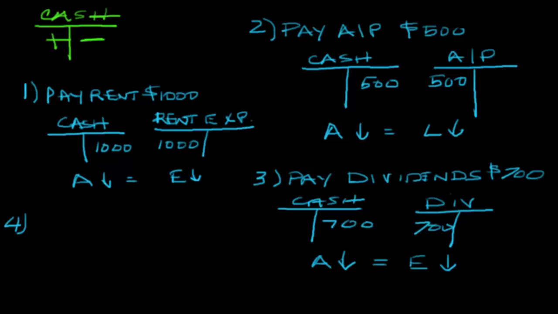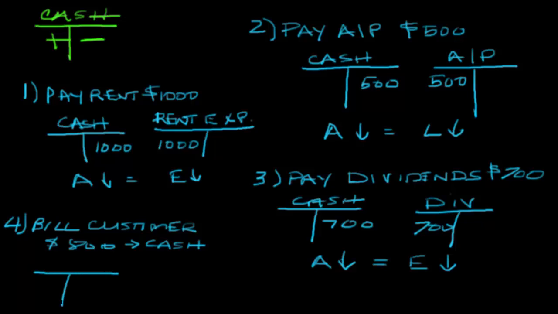And point 4, our final example, let's earn some money and assume we bill a customer for $800 and the customer pays us right away in cash. Compared to all the decreases that we've seen in cash, we know an increase in cash is what? It's a debit, correct?